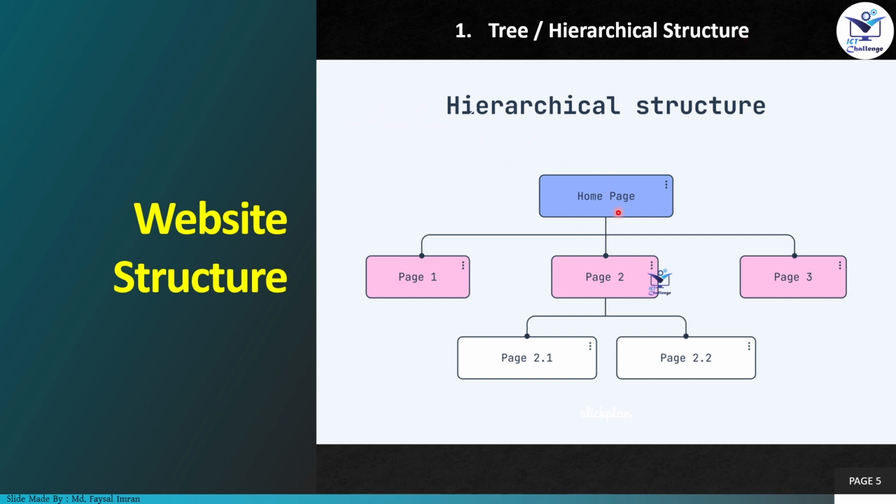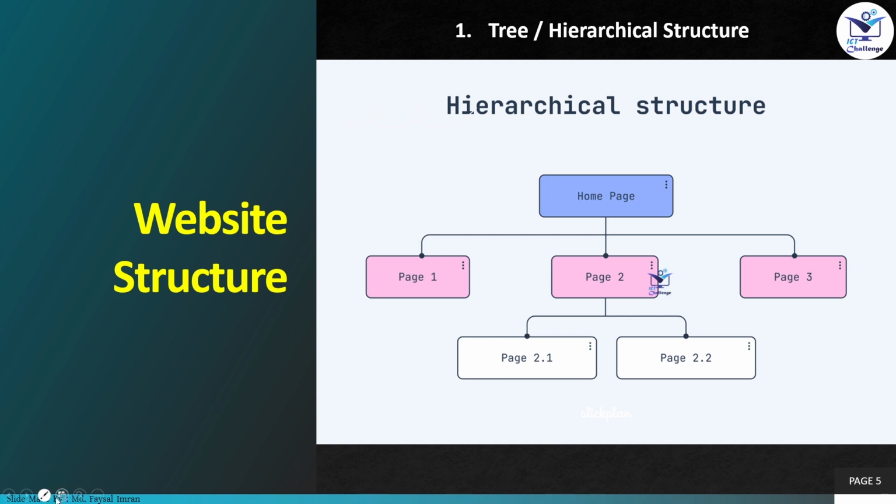If you have a home page, then this home page has three main sections or pages: page 1, page 2, and page 3, and page 2 also has other pages like page 2.1 and page 2.2. If you want to go to page 2.2 from the home page, at first you have to go to page 2, and after that you go to page 2.2.